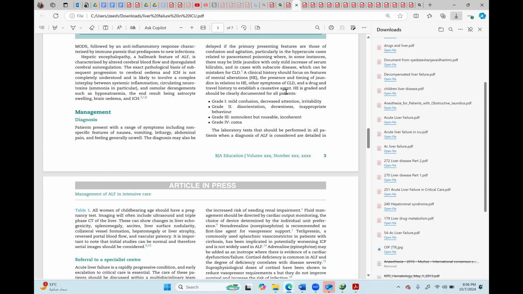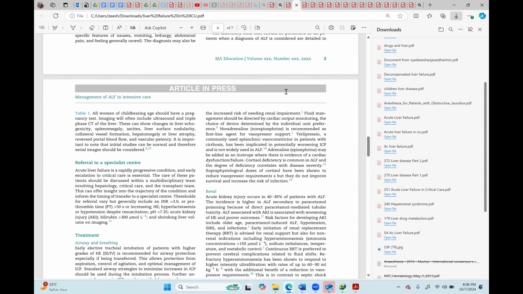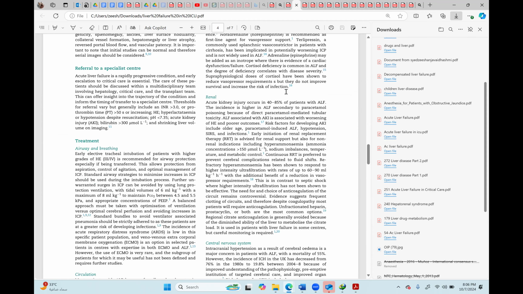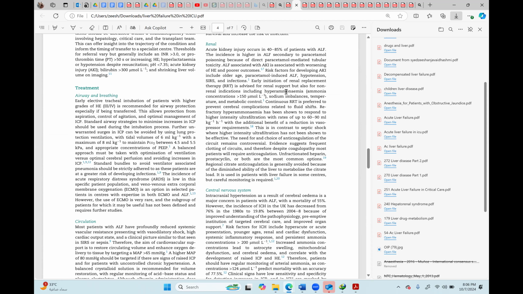But actually there is no specific management. It will be supportive management, like patient can develop jaundice, nausea, vomiting. So as you mentioned, airway, breathing, circulation approach. And you see here it's written, early elective tracheal intubation with encephalopathy.